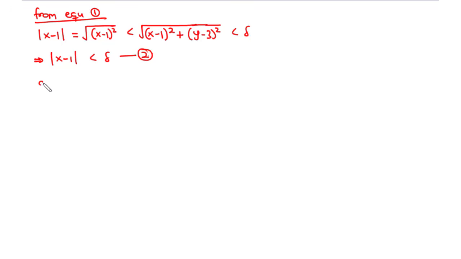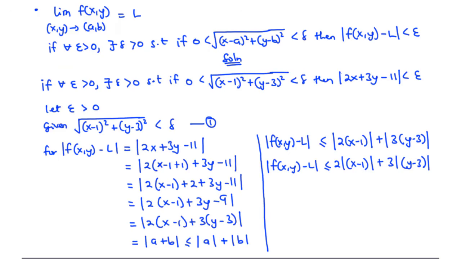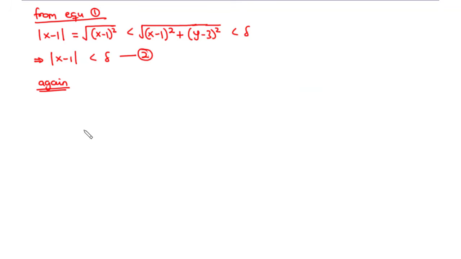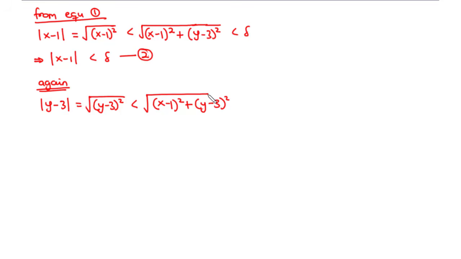Now again from equation 1, we have (y - 3)², and then here we have (y - 3)². So we say that the absolute value of y - 3, which is equal to the square root of (y - 3)², this time we are saying that it's also less than the square root of (x - 1)² plus (y - 3)².